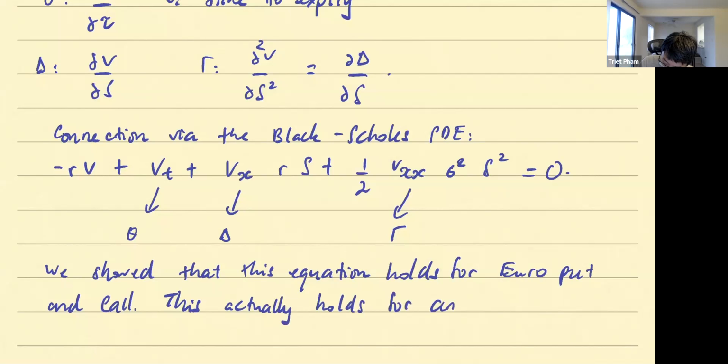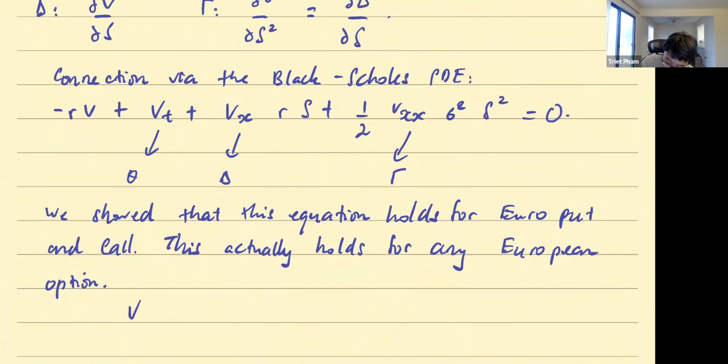So in other words, if you have any option of this form, where the payoff is phi of S_T at time T, any function phi.